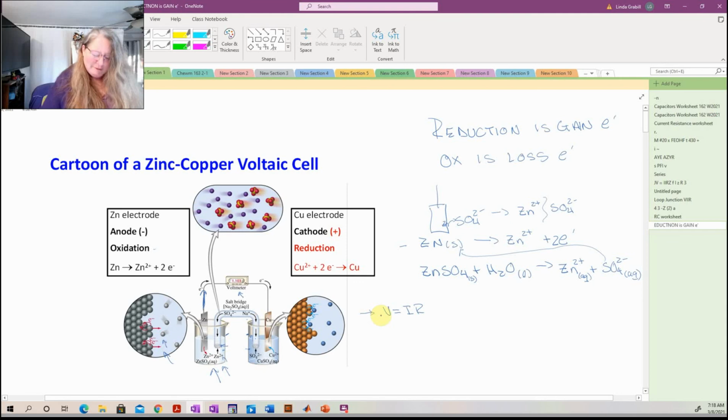You're never going to do anything with this other than me explaining it. So it builds up this potential difference between the two: one that is wanting to give up electrons and another that is willing to accept them. If I have a potential difference between those, some place for them to go, then I get electron flow.